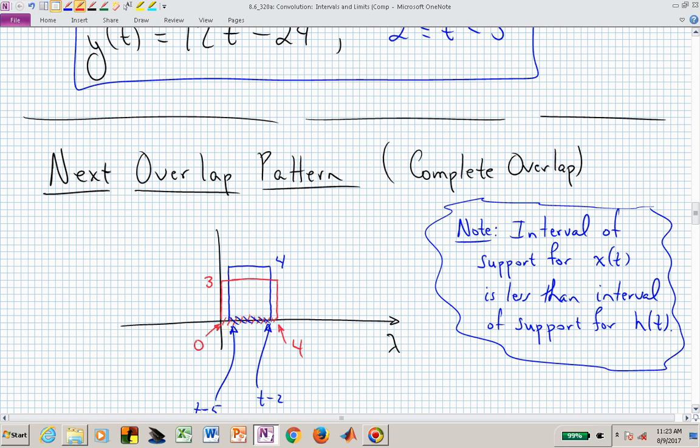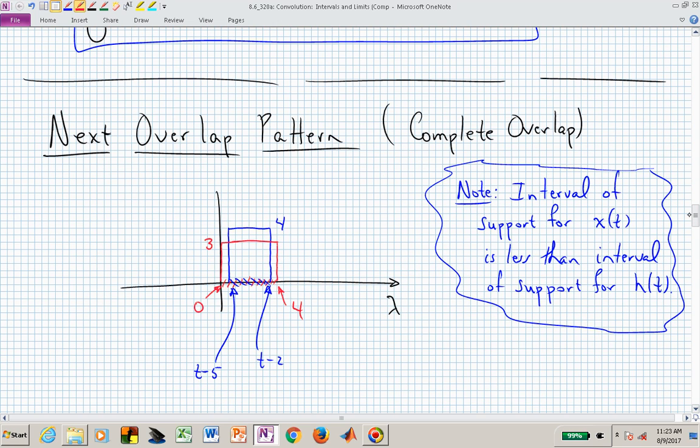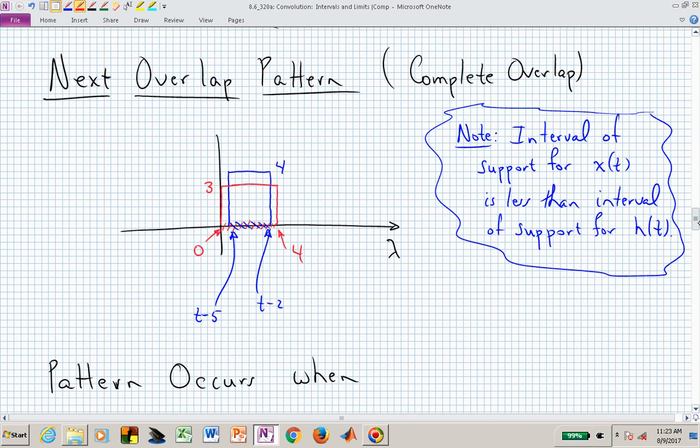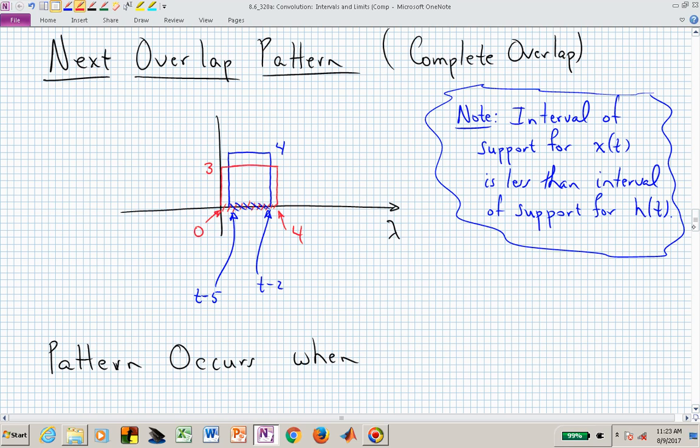So now I have an interval for h of lambda of 4 in terms of the length of its interval of support, and I have an interval of support on the blue equaling 3. I now want to find out, when does this pattern actually occur? This pattern occurs as long as t minus 2 is less than 4, and t minus 5 is bigger than or equal to 0.